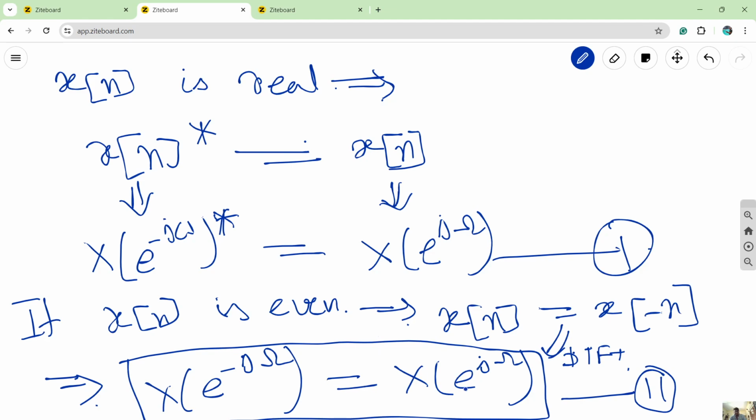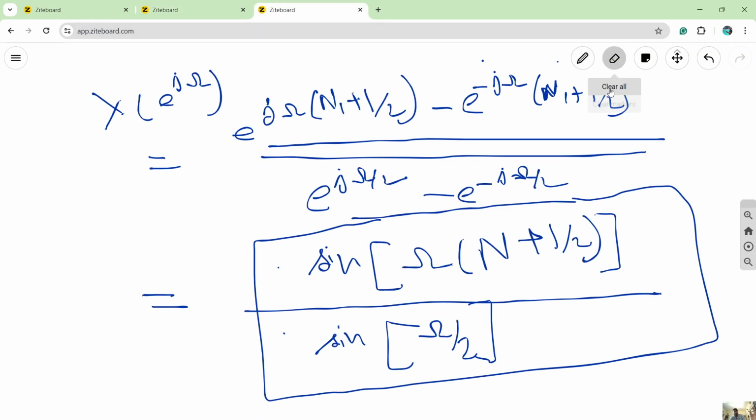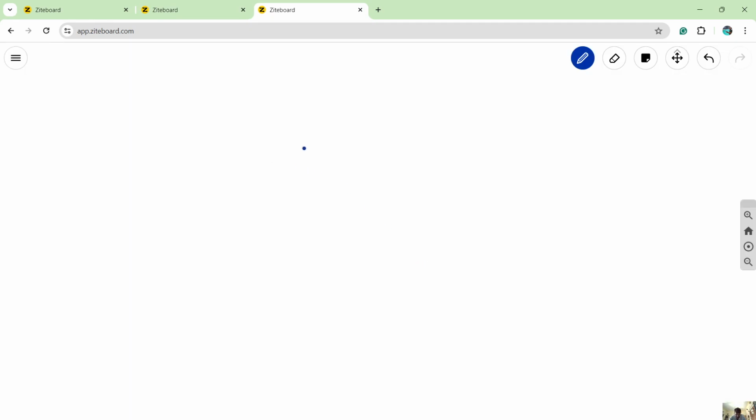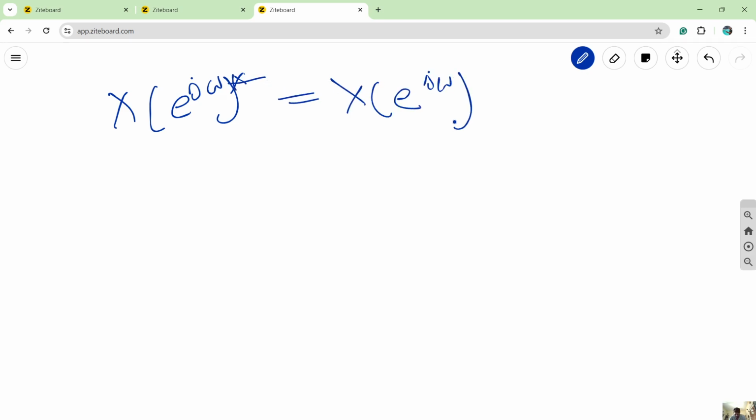So from these equations, this is also X e to the j omega, this is also X e to the j omega. We can write X of e to the j omega star is equal to X of e to the j omega is equal to X of e to the minus j omega.